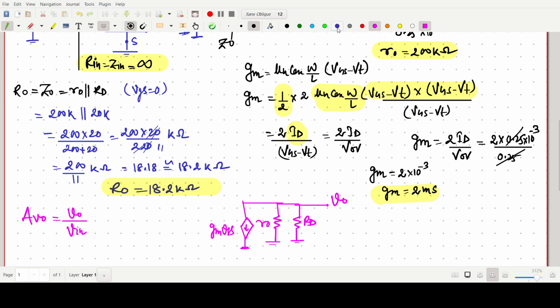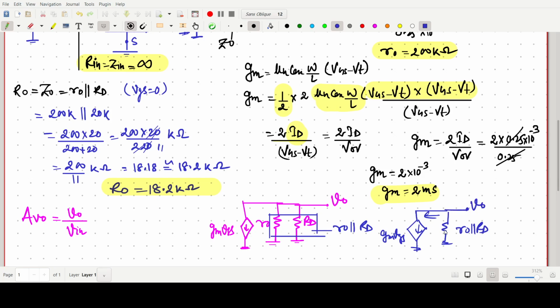Means now what we will do, these two are a simple resistance, r0 parallel with RD, and this one is the current, it is our gm VGS, and current is flowing through this, and we are taking output at this point. So the current will be the same gm VGS. This current is basically our drain current ID. This one is our drain, and some AC current, that is our ID, is flowing.